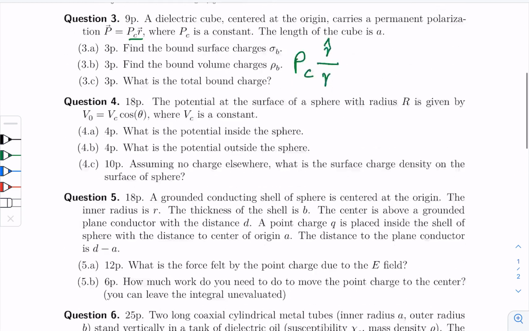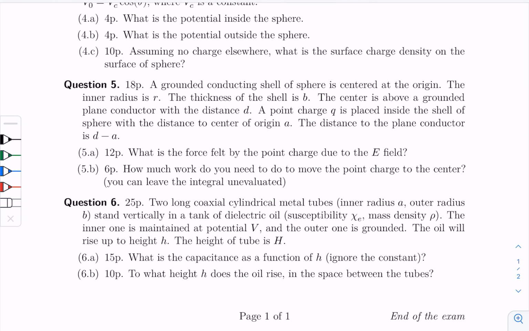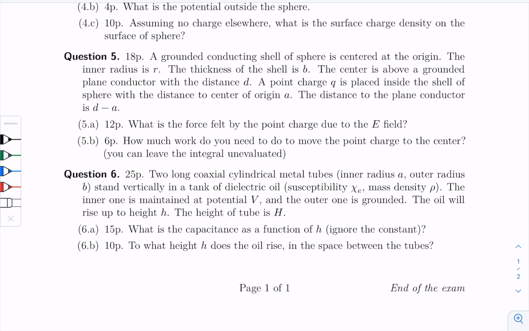Okay, so let's go back to question 6, question 6b. We mentioned question 6 in the lecture, right? When we were discussing the electromagnetic force for a parallel plate capacitor, the exercise that we finished in class is a parallel plate capacitor with a dielectric material sitting at the edge.